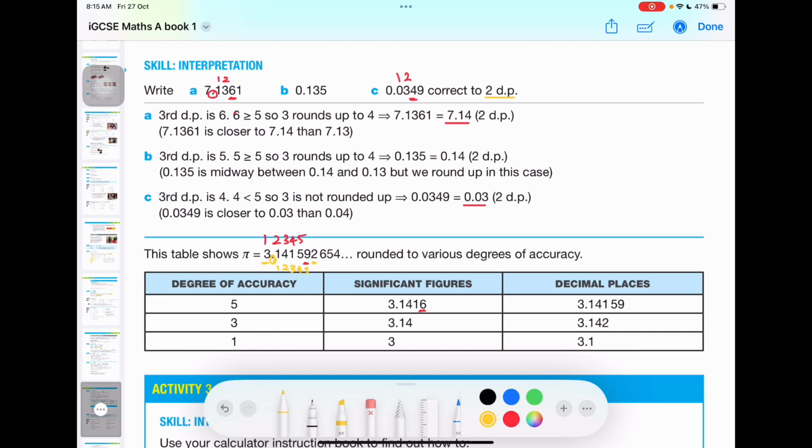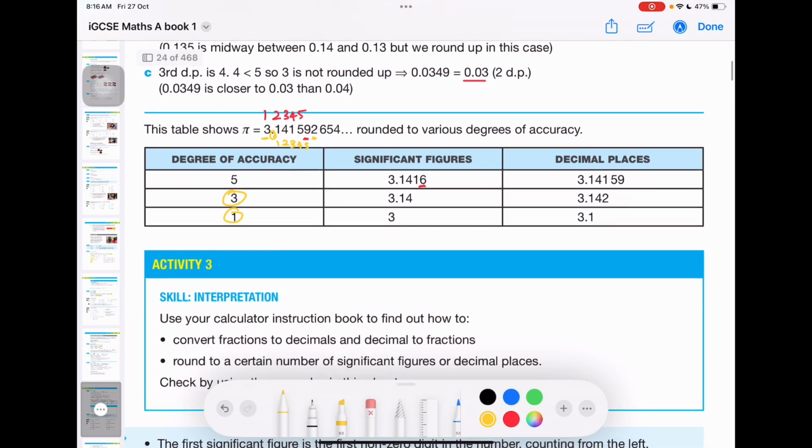In this case, it's 2, which is less than 5. Therefore, we round it downwards, giving us 3.14159. You can do the exact same thing for 3 degrees of accuracy as well as 1 degree of accuracy.